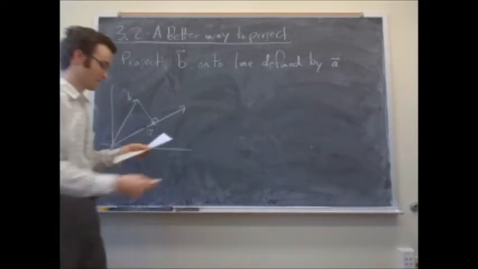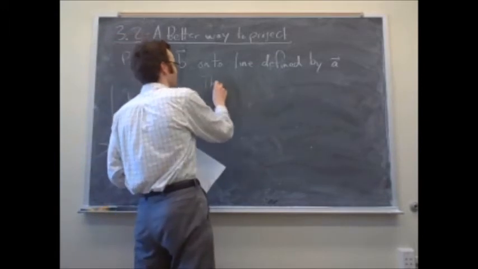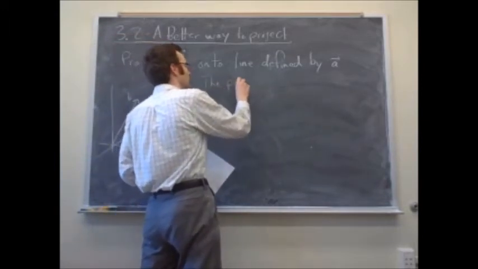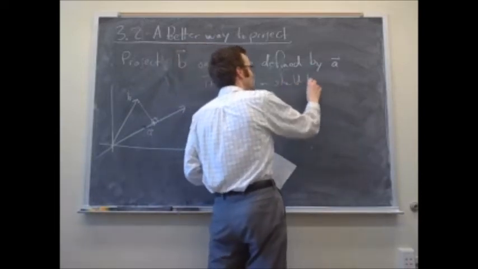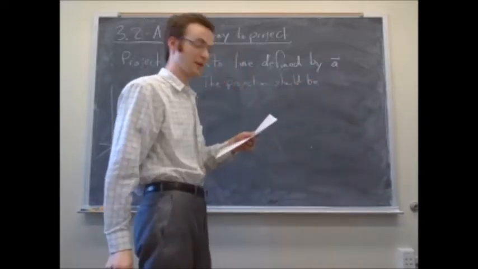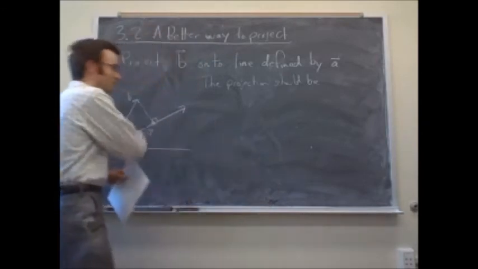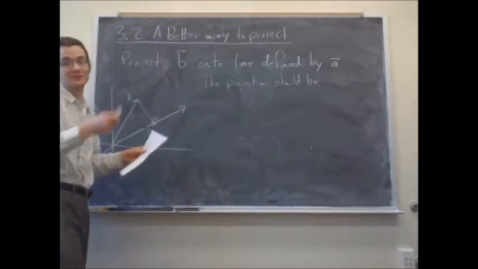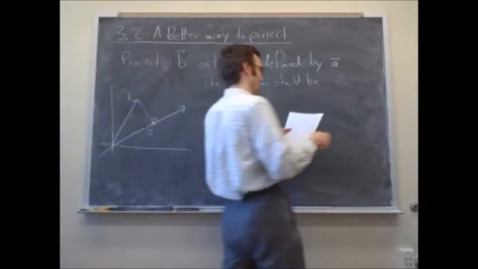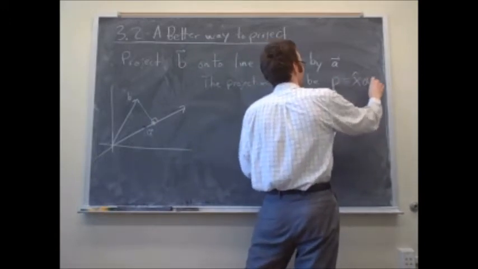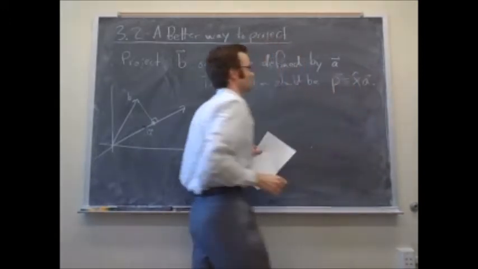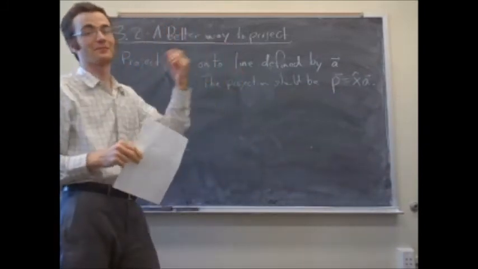So the projection should be some multiple of A, right? Because it's on the line defined by A, and so it's some multiple of A, positive or negative. So projection is going to equal, say, x hat A. So x hat is just some number.